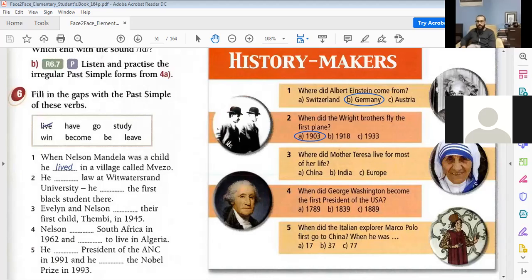When did the Wright brothers fly the first plane? I think 1903. Do you also think it's 1903? Yes, 1903.